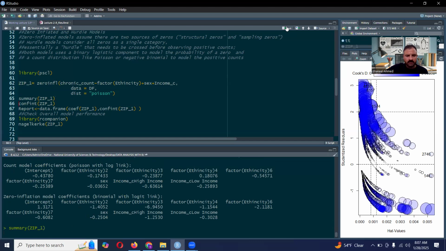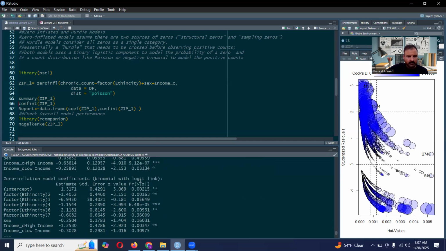Now you can see, we have all those five categories of ethnicity, as ethnicity consists of six categories.